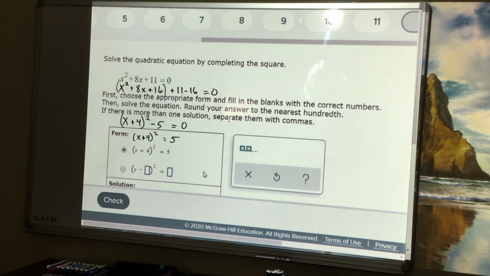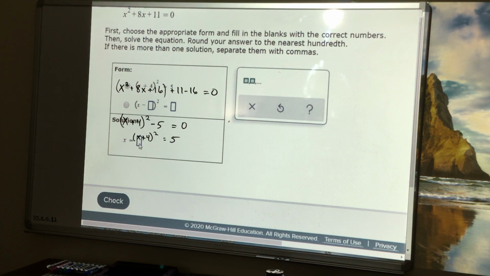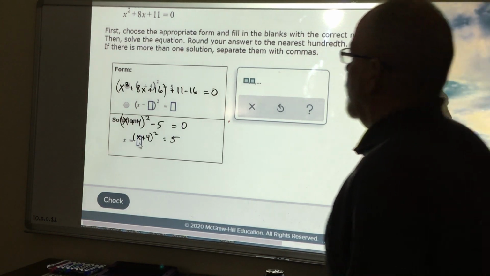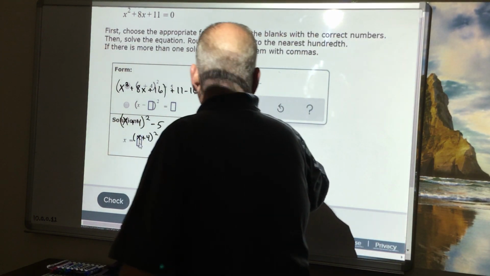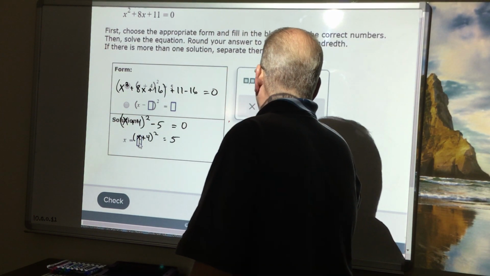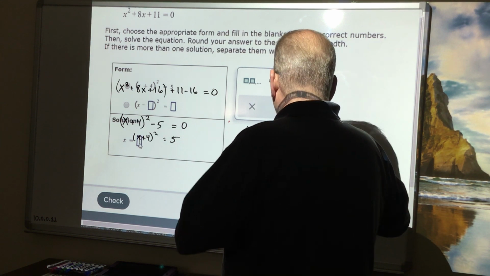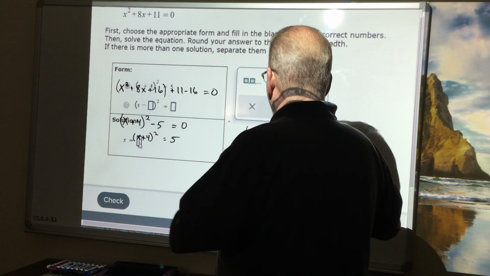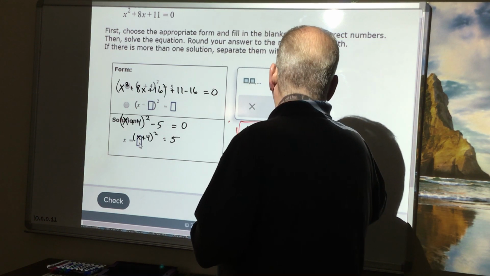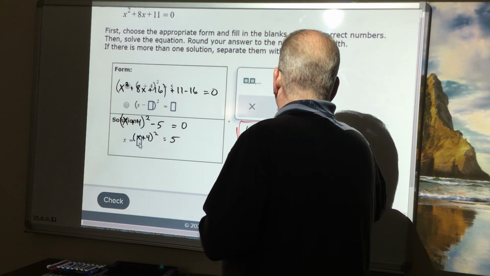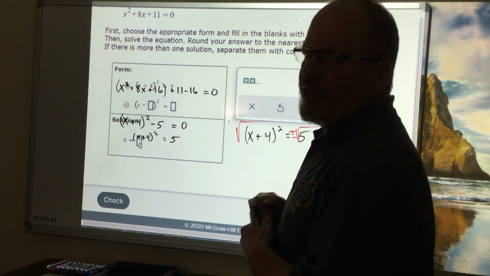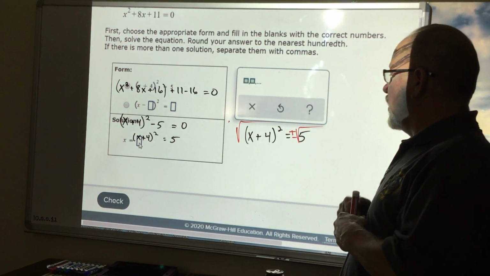Then I'm going to solve it for x. So I have x plus 4 squared equals 5. So I take the square root of both sides of this equation. Remember, it's always going to be the positive or the negative of that.